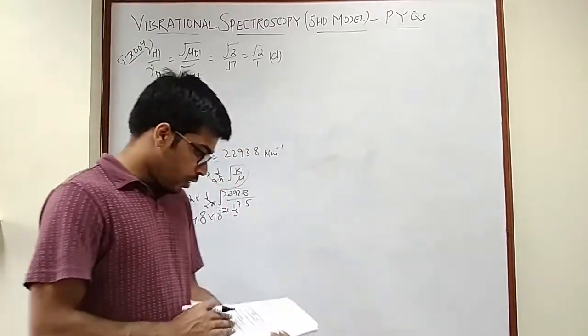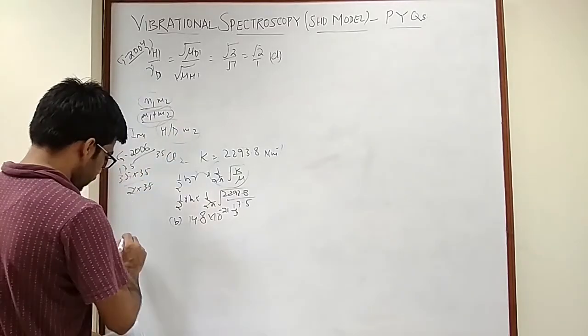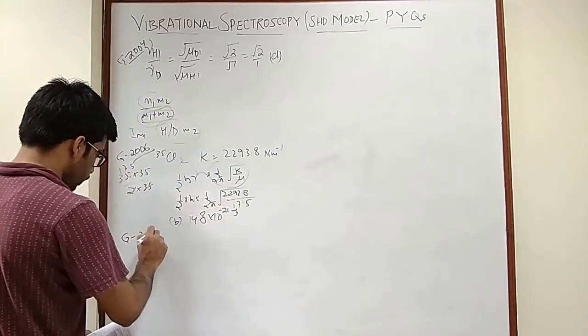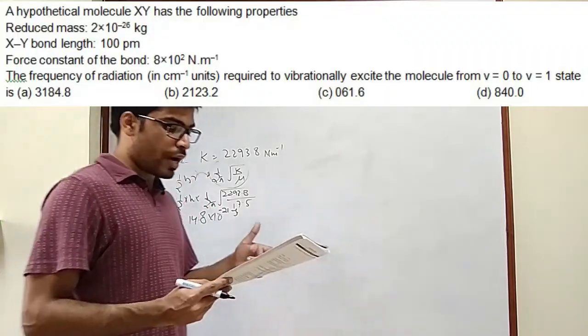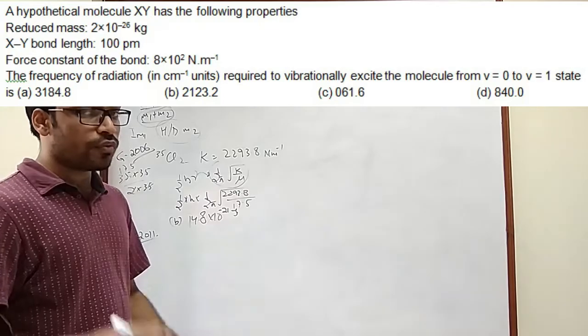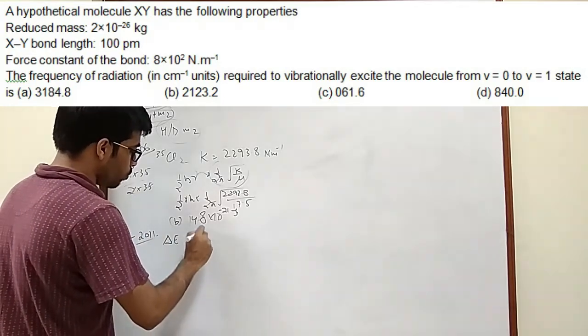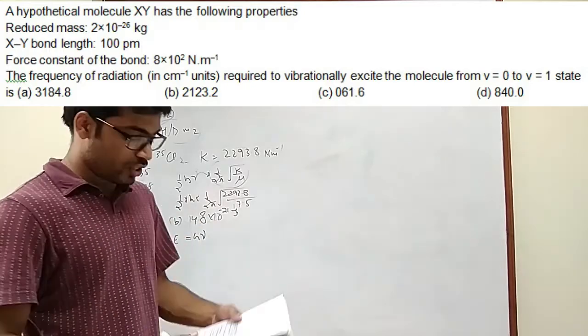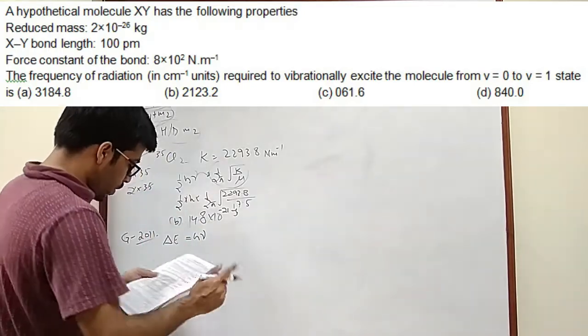Okay. The next question we have is from GATE 2011. The question says, the frequency of radiation required to vibrationally excite the molecule from 0 to 1. Now we know delta E is always h nu, doesn't matter which is the lower energy level. So for this case, you have to find h nu. And what they have given?